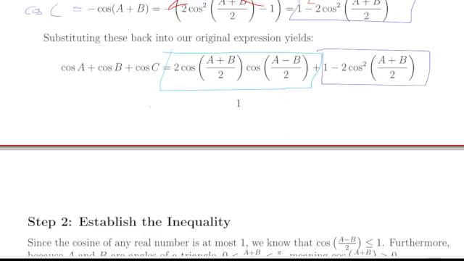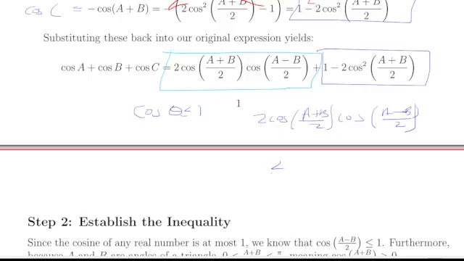Notice that cosine in general is always going to be less than or equal to 1. That's the upper bound. So 2 cosine of (A plus B) over 2 times cosine of (A minus B) over 2 is less than or equal to 2 cosine of (A plus B) over 2.